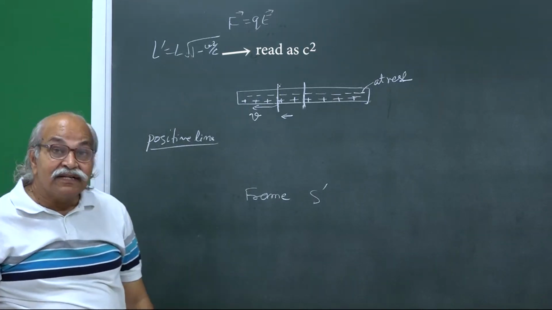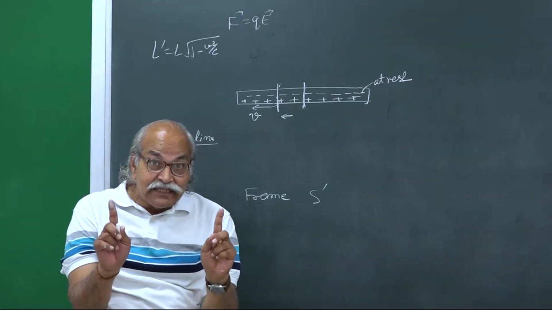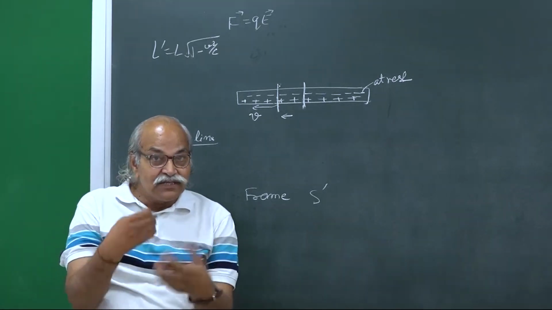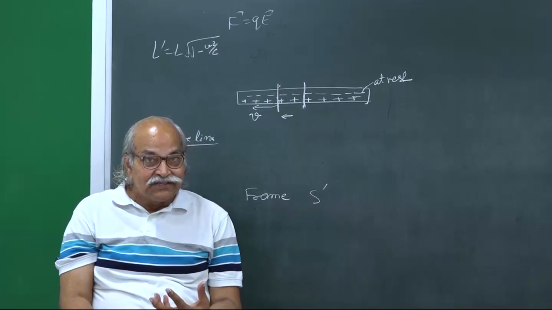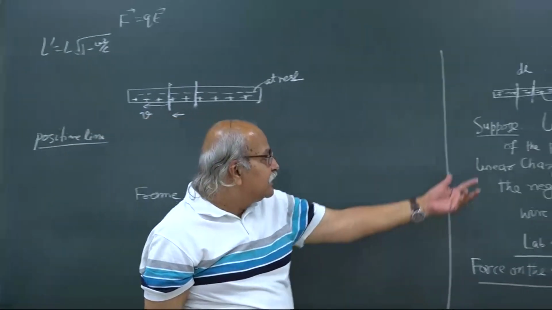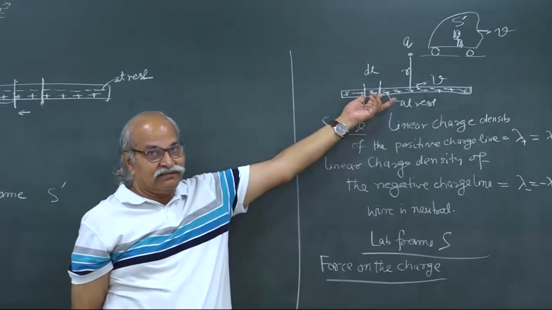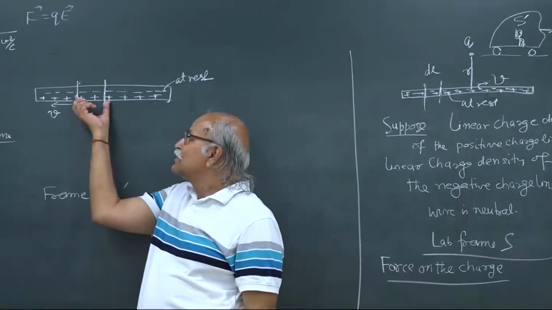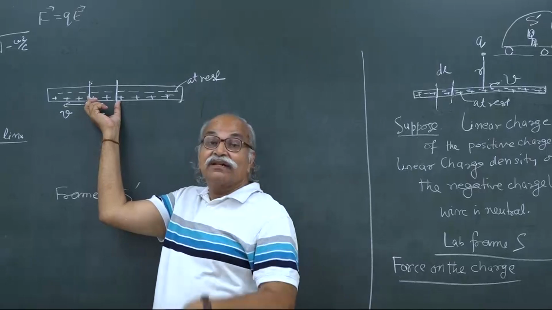But the charge contained between these two points is the same. Charge does not depend on your frame. So, the total charge between these 2 marks is the same as the total charge contained between the same 2 marks.